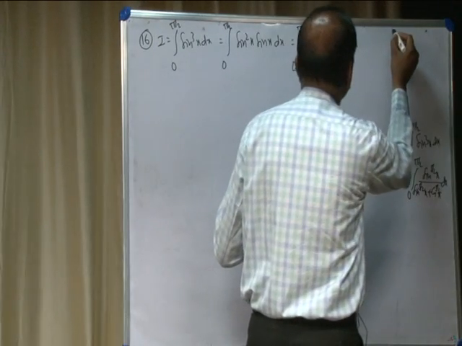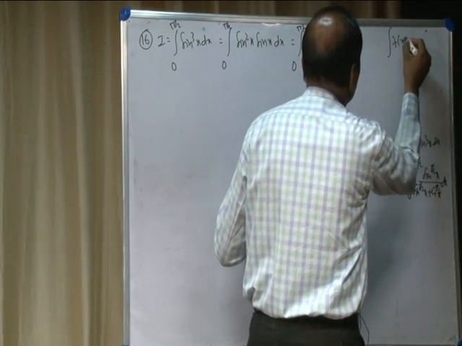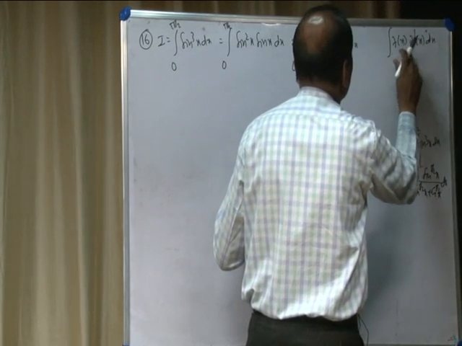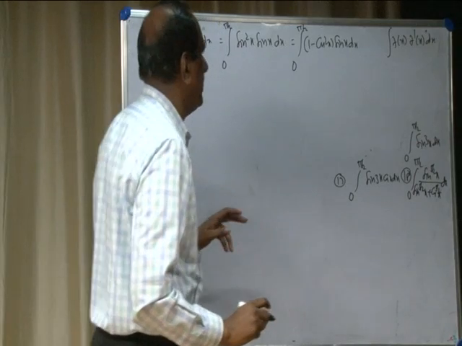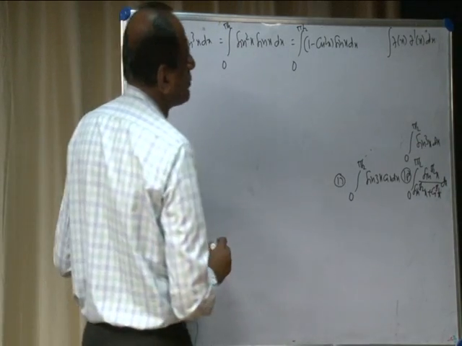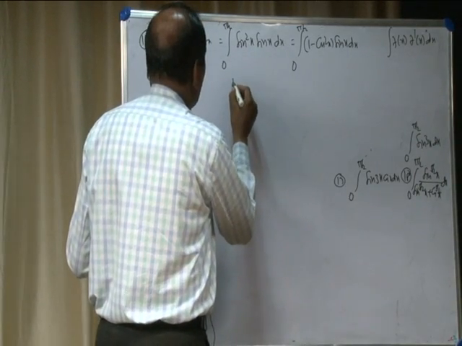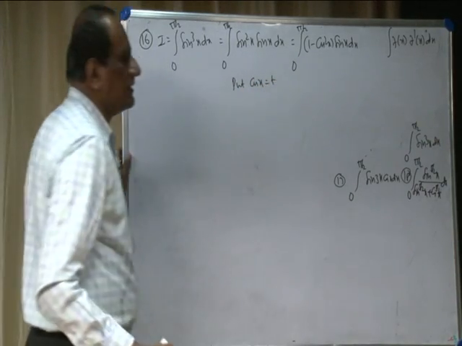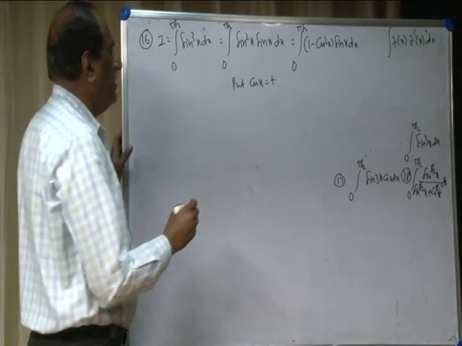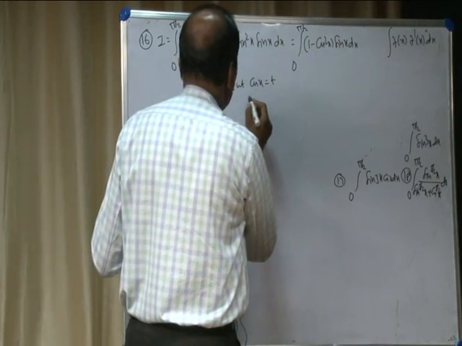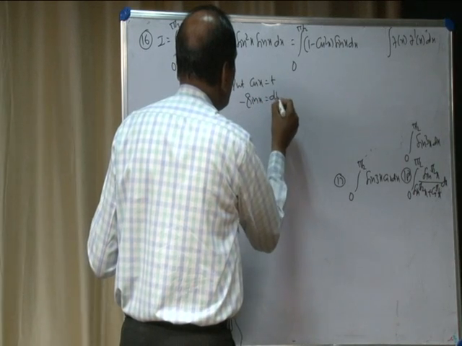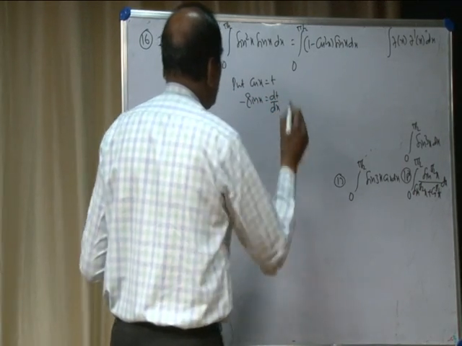So, if you differentiate the first function, you will be getting the second function. Therefore, this is of the type f of x into f dash x dx, that is, the derivative of the first function is the second function. Therefore, take the substitution for cos x. Put cos x is equal to t. Now, differentiate: minus sin x is equal to dt by dx.